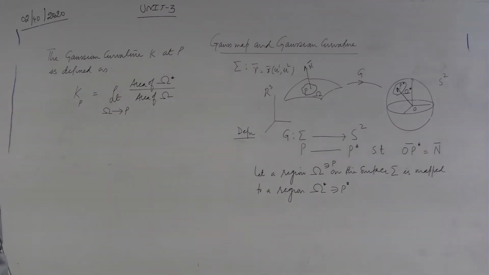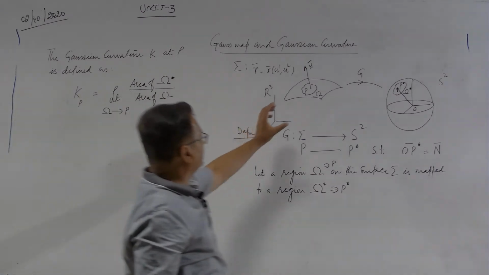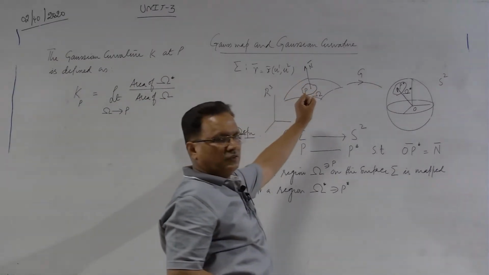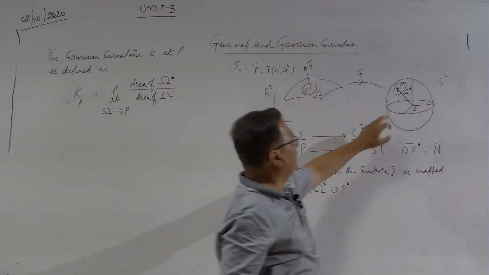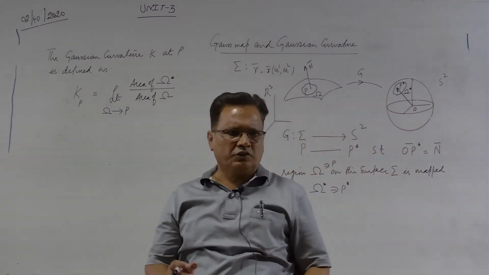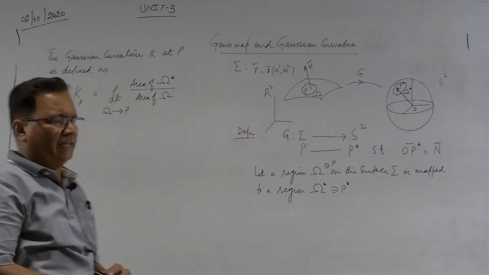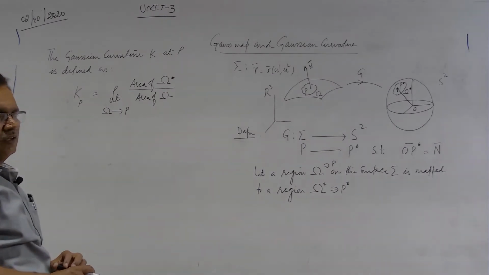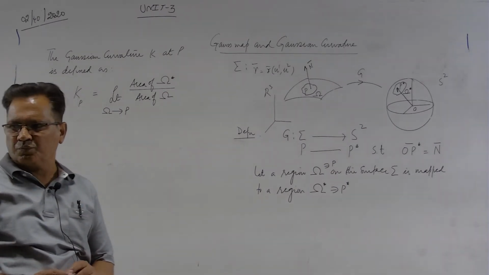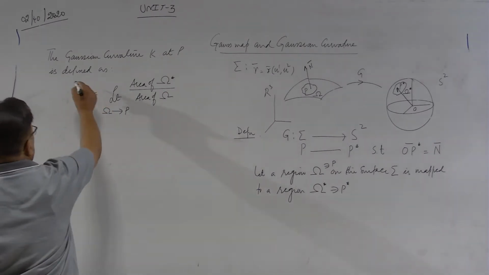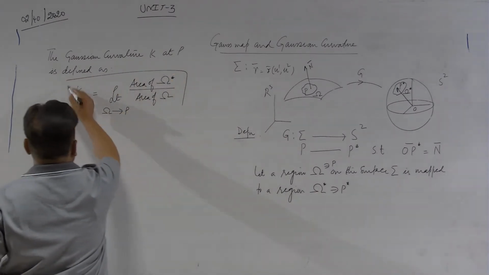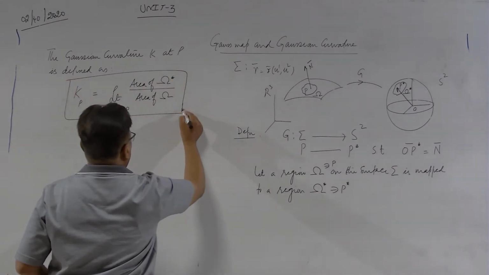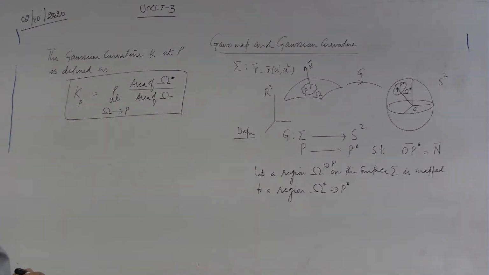When you shrink this region to the point P, this region too will shrink. So, what will be the ratio in the limiting case? That is exactly what the Gaussian curvature is. So, this is the definition of the Gaussian curvature of a surface at a point P.